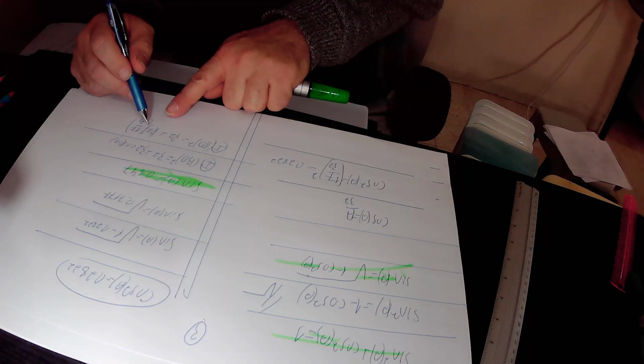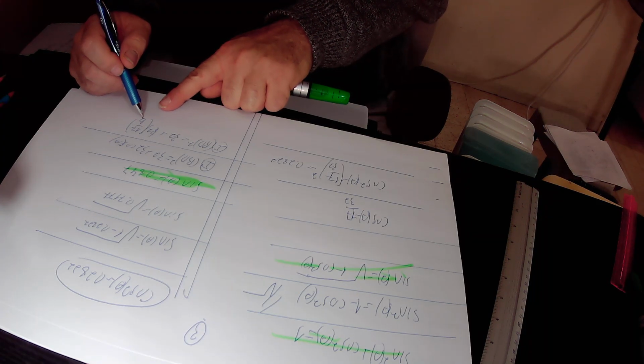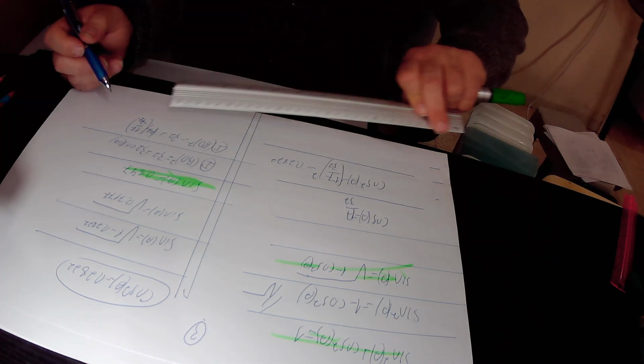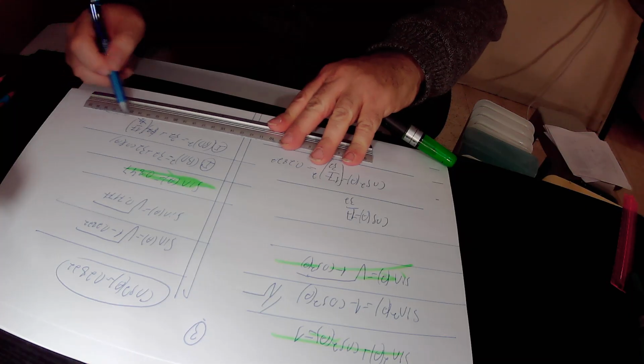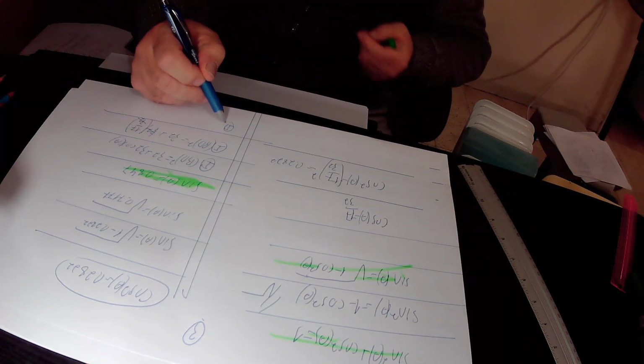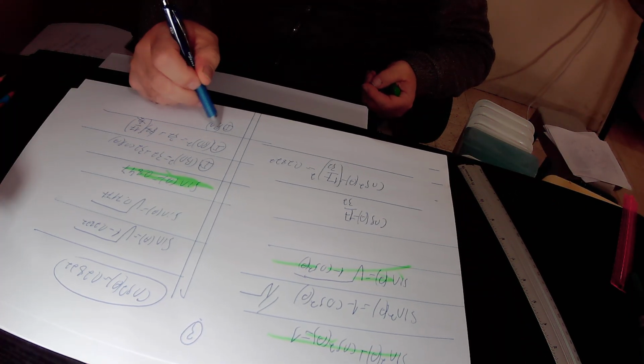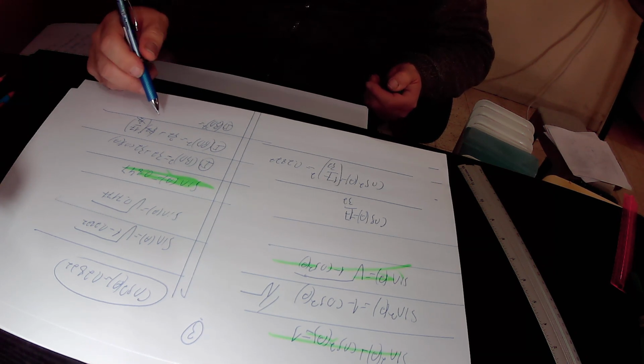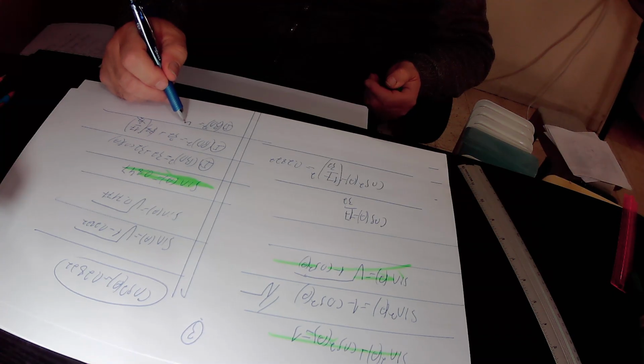We have 32 in the numerator and 32 in the denominator, so 32 gets cancelled. We are left only with 17 here. So according to equation 1, BD square equals 32 plus 17, which is 49.